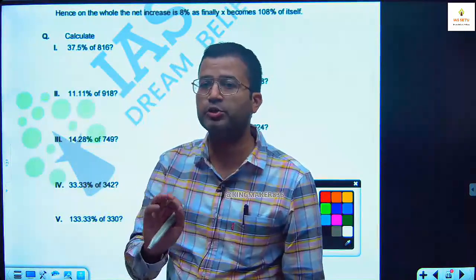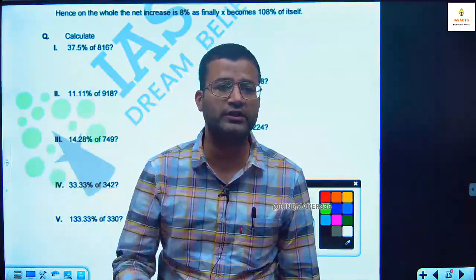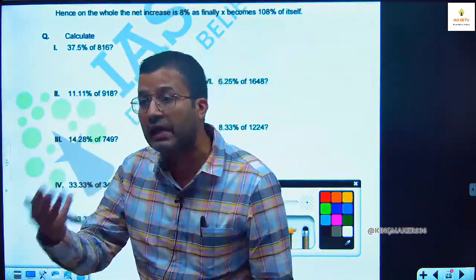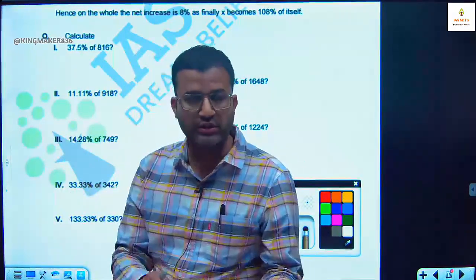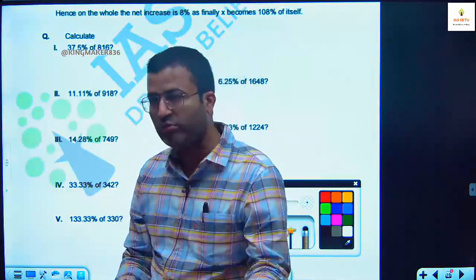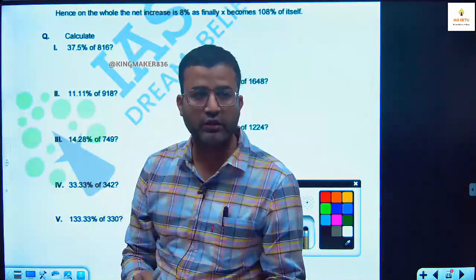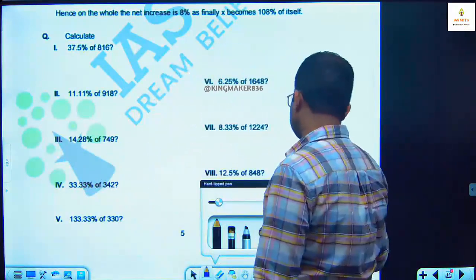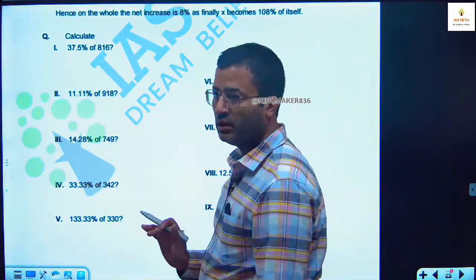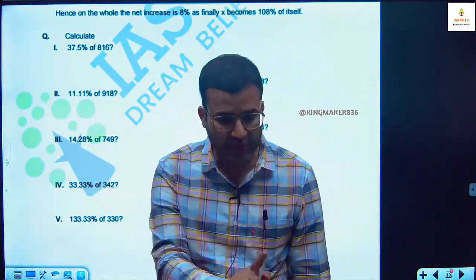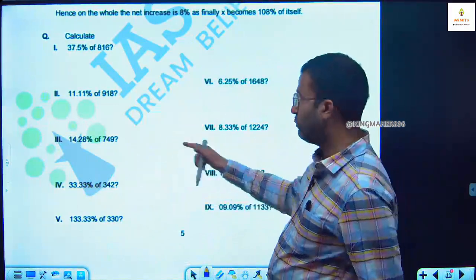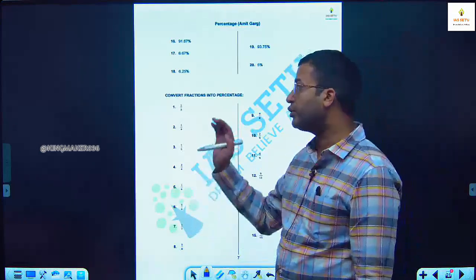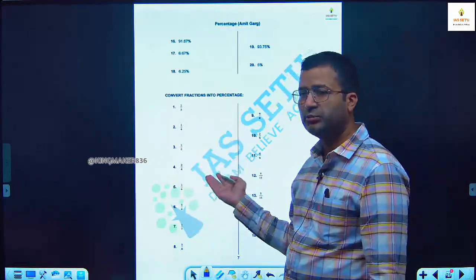UPSC will never ask you to calculate 37.5% of 816 for 2.5 marks. What is the purpose of this calculation? This calculation will help you remember the table. You solve this, where you get stuck, refer to the table. You solve again, if any value is not remembered, refer to the table. But there will be pressure on your mind to remember the table. You have to solve the calculations on page number 5, 6 and 7. Your first homework is to remember the table. Second homework is the calculations given on pages 5, 6, 7. You have to try them, where you convert percentage into fraction, fraction into percentage, and use these values.